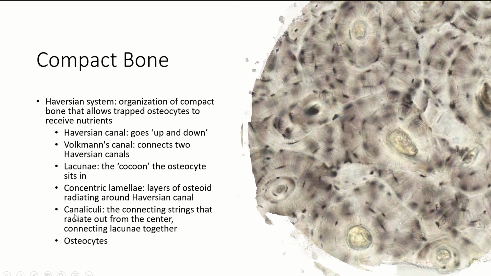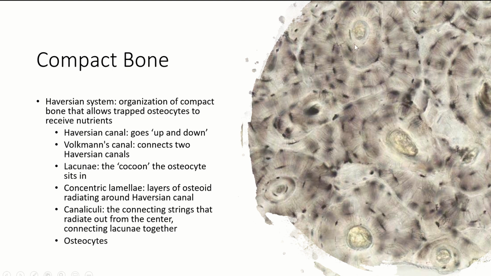Another one is going to be canaliculi. Remember, we've got blood in the center, and this blood needs to get all the way to the outside of this Haversian system, to this little osteocyte. The way that works is we've got these little tiny strings, these little black stringy things that you see radiating out of the osteocytes. Those are canaliculi.